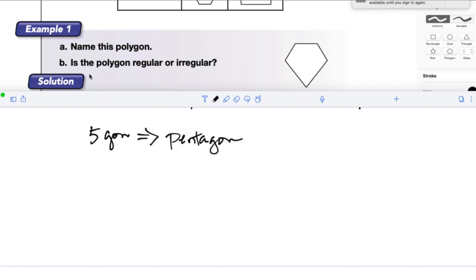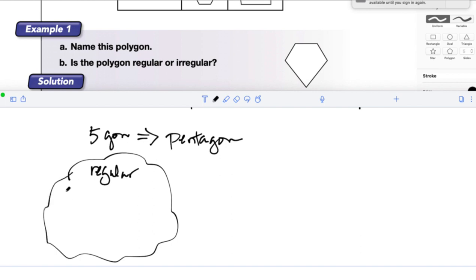It's a pentagon. Now this next part is really interesting because it requires us to know the definition of what a regular polygon is. A regular polygon has all the angles and all the sides the same length. So for instance, I'm going to make a little thought bubble. A regular polygon would be a square.